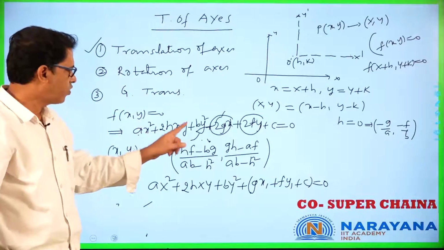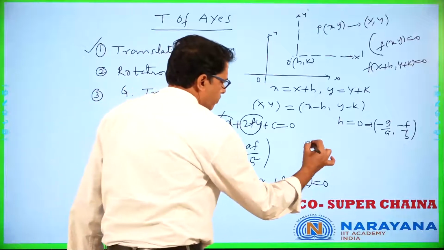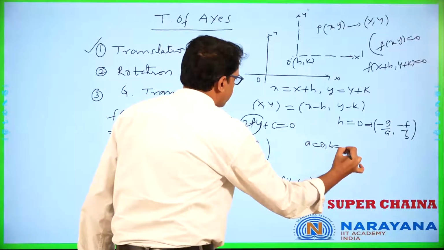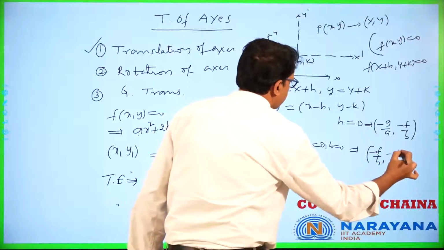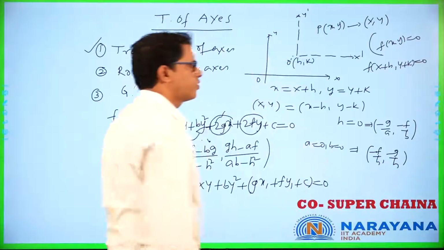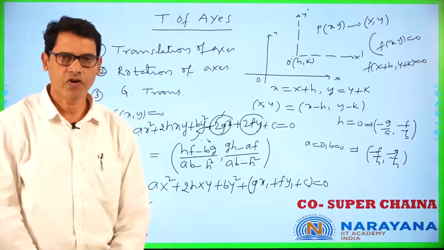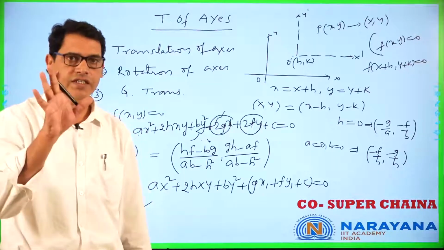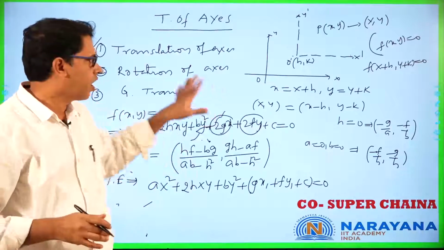If a value is 0 and b value is 0, then the point is minus f by h, minus g by h. So these are the basic formulae. These are the formulae in translation of axis. Now we are going to do the problems on these formulae.